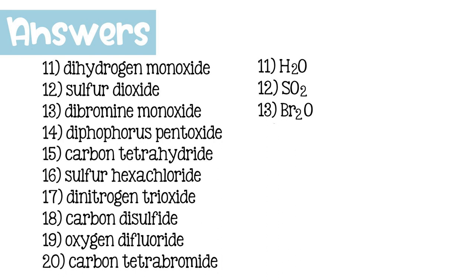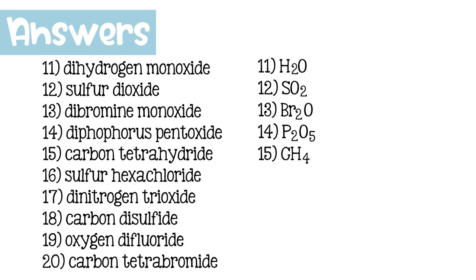Let's look at 14, diphosphorus pentoxide, di meaning 2, phosphorus, and pent is 5, oxide is oxygen. So P2O5. Now we look at 15. We've got carbon, no prefix, so there's just 1, and we've got tetrahydride or 4 hydrogens, so CH4.